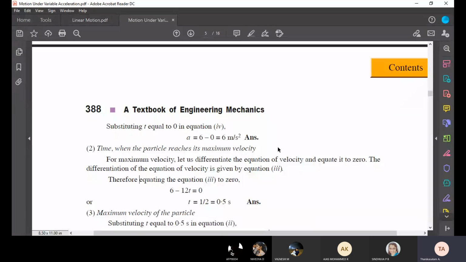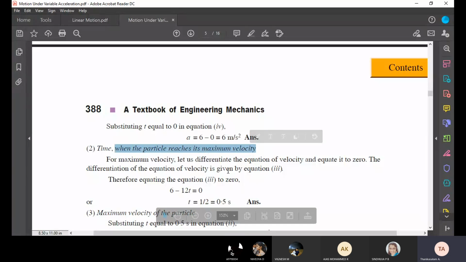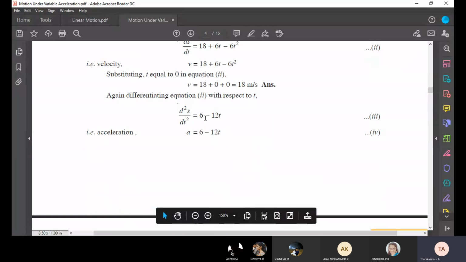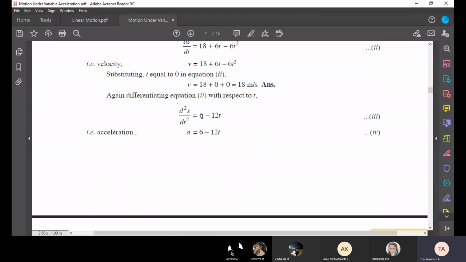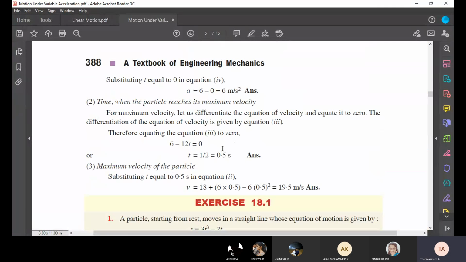You can't go further, no. So when the particle reaches maximum velocity, that is acceleration 0. So you take acceleration 0. Here 6 minus 12t equal to 0. Therefore, what is time t? t equal to 0.5 seconds.